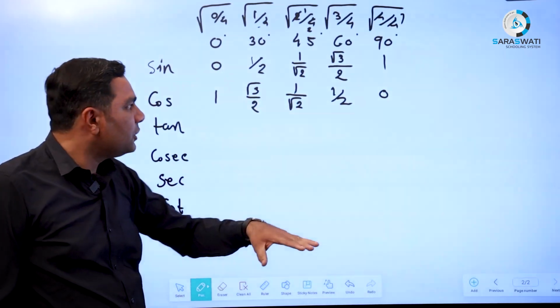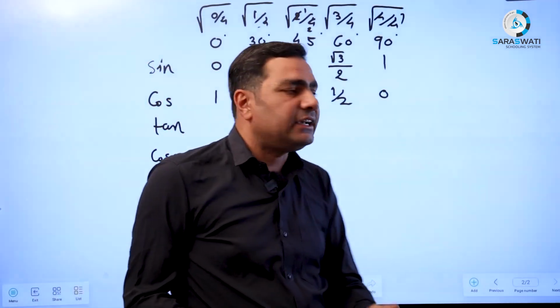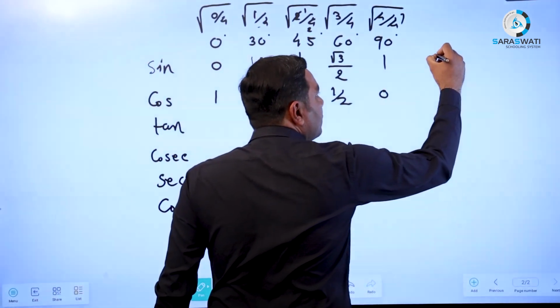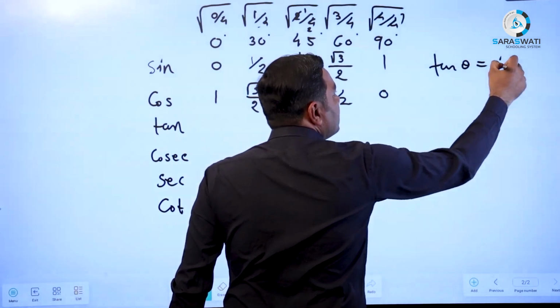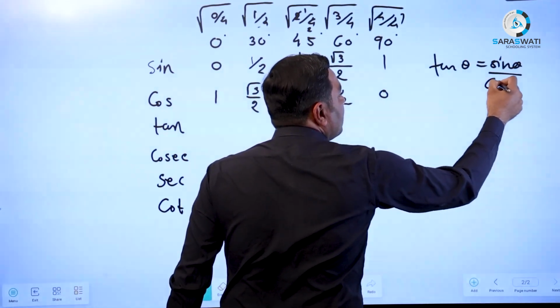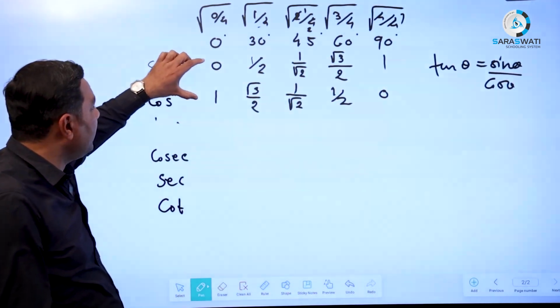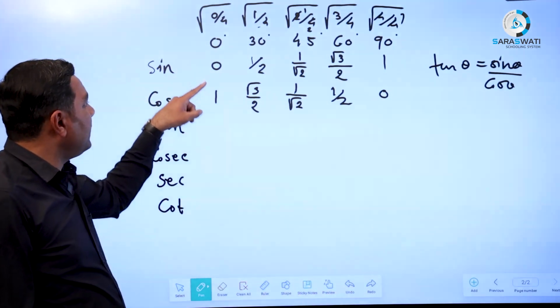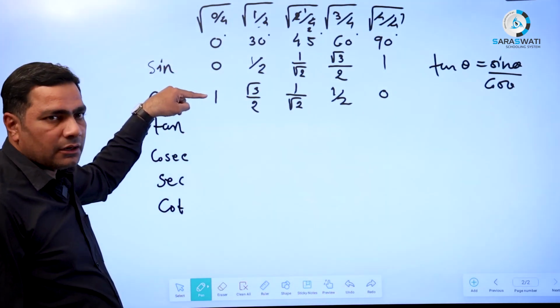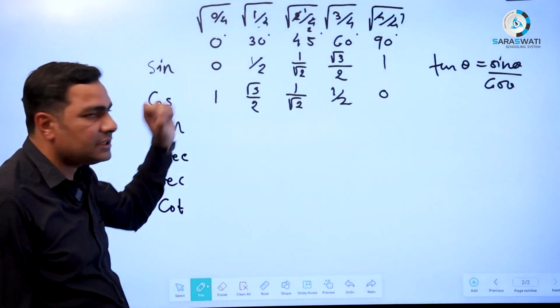Now, you know very well the relation between sine, cos and tan. A very well-known ratio is tan theta equals sine theta upon cos theta. So here also we will apply the same rule by dividing the sine series by the cosine series.